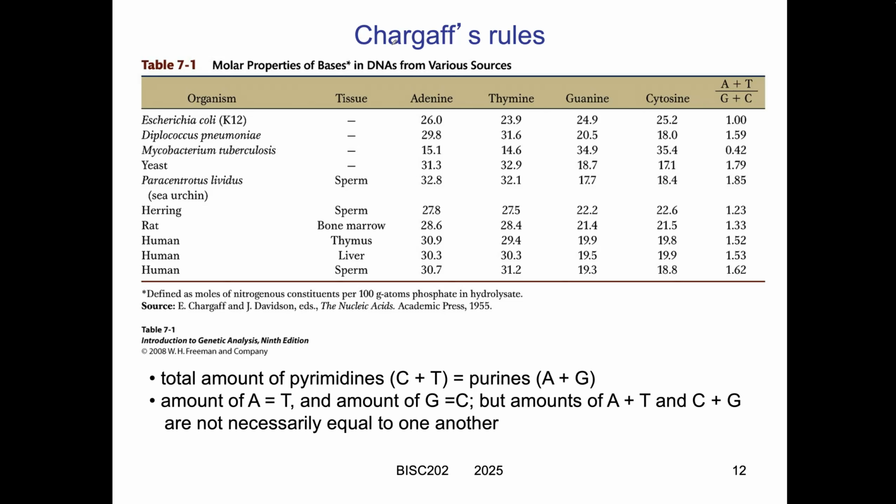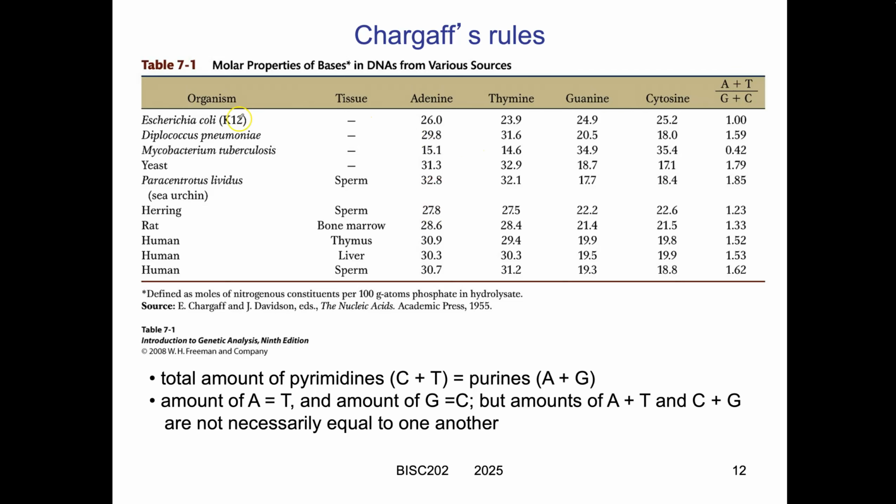Does the DNA from a human and a sea urchin, for example, have the same amount of adenine, thymine, guanine, and cytosine in it? Or do they differ? And if they differ, what does that mean in terms of the different species, the different features of the organism, their different physiology, and all this kind of thing.